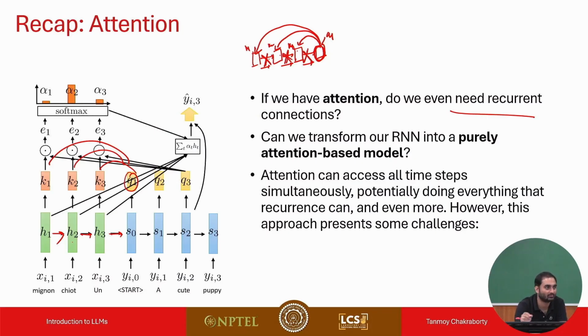If we remove these dependencies, now the hidden states look like this, and these are inputs. Now each of the states, let's say this state, can access all the other states. This guy can access this, and this.